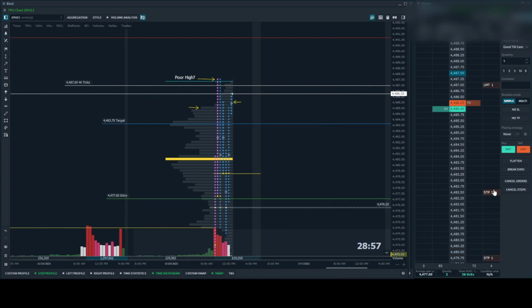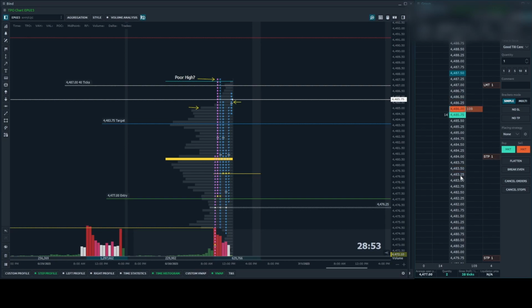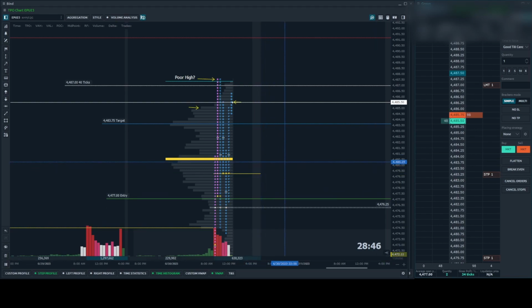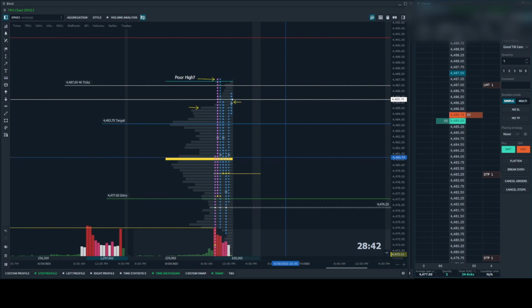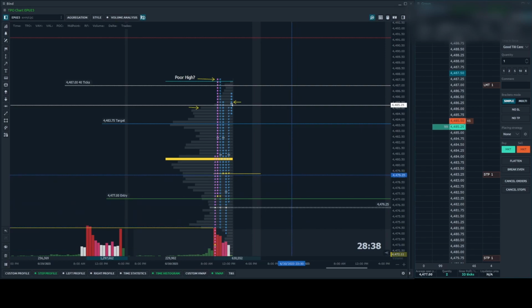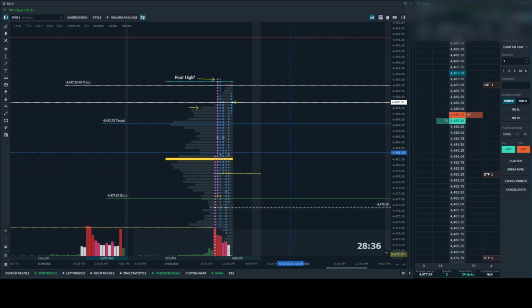You can start moving these stops up. You don't want to get too close, but this is another one of those situations of, how close do you need to get? These targets aren't set in stone. I'm not stuck on 40 ticks. It's just a reference point.